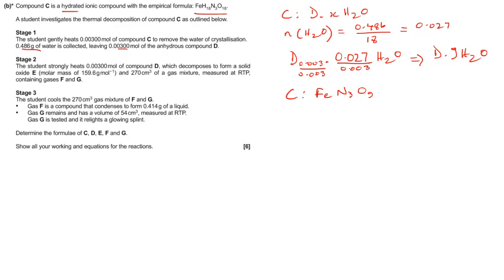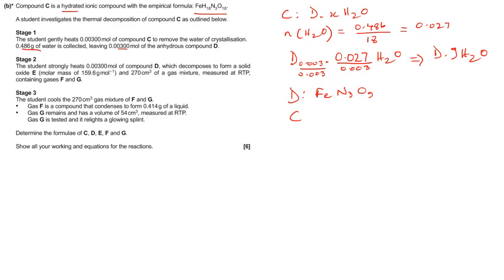I'm just pausing because I'm actually working out what D is, not what C is, so apologies for that. So that is what D is, and C is that plus the 9 waters. Good, we've now got what D is, and we've got what C is.